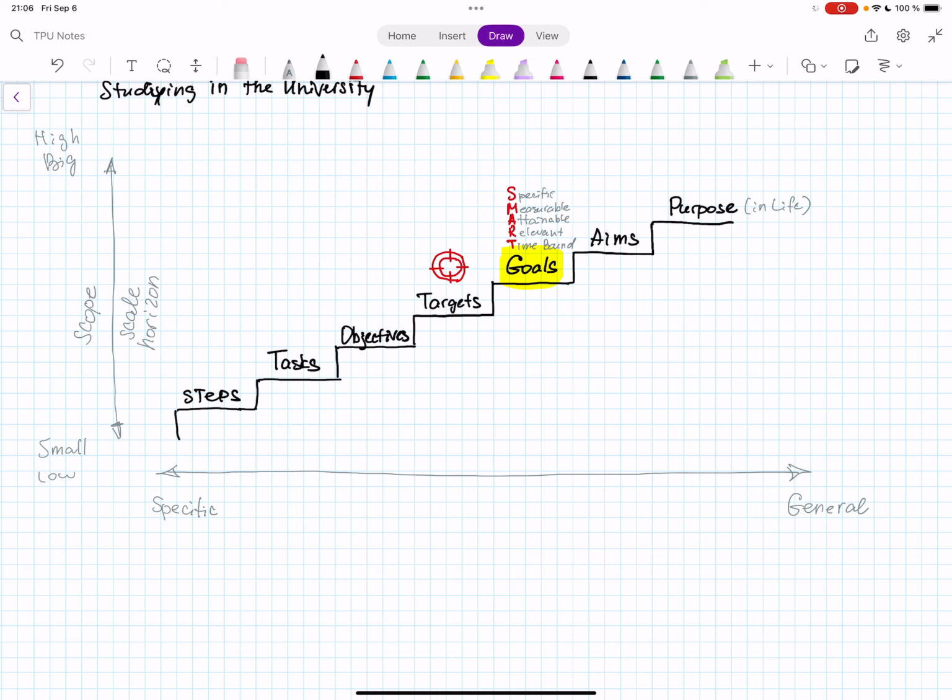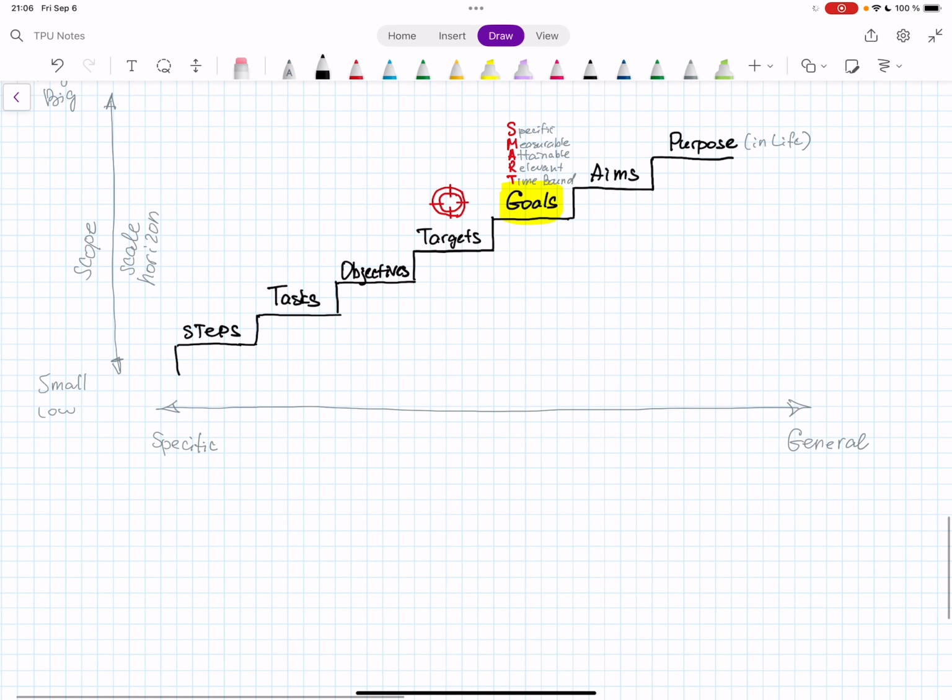So, the lower we get from purpose to steps, the more goals become quantitative. Quantitative means you can measure it in numbers. So 1, 2, 3. Okay, so numbers.